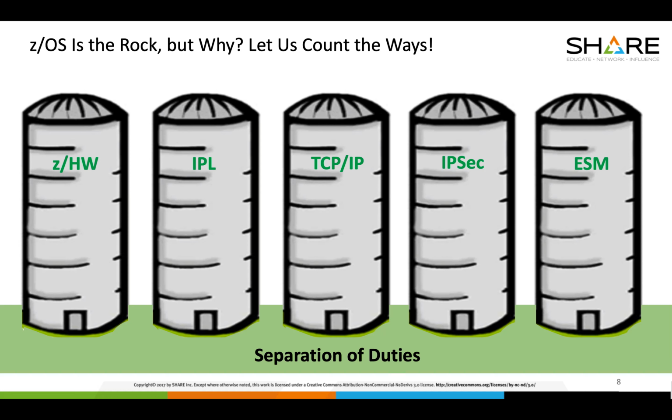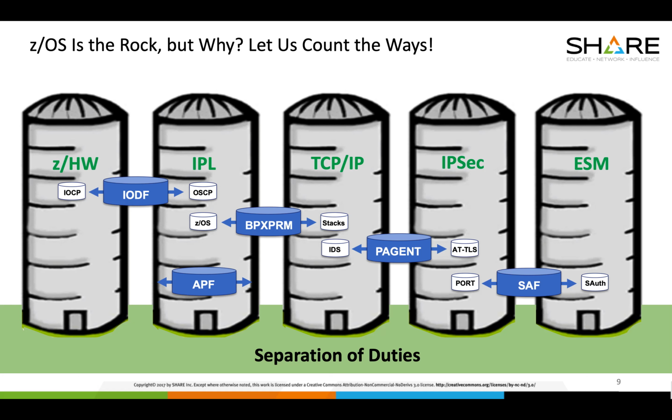But these silos can't operate independently of each other. They have to, in some way, begin to communicate and chain themselves together so that the output of one becomes the input of the other, so that it can continue the process until we have a fully functional z/OS system. So here are some linkages that we're going to focus on throughout the rest of the presentation.